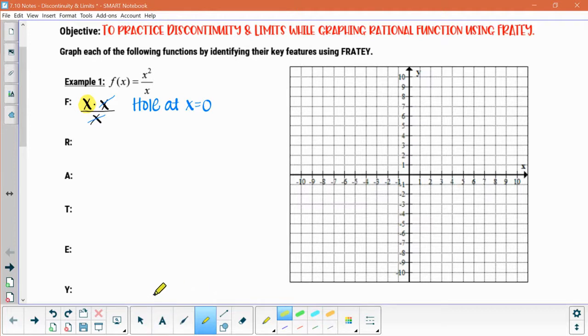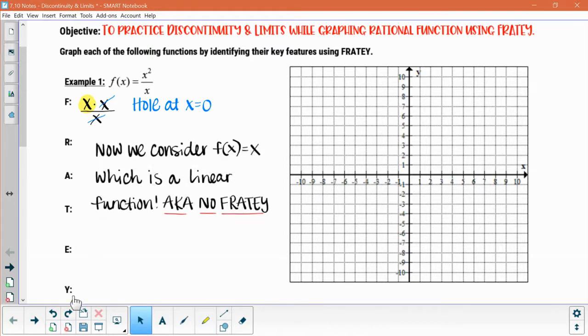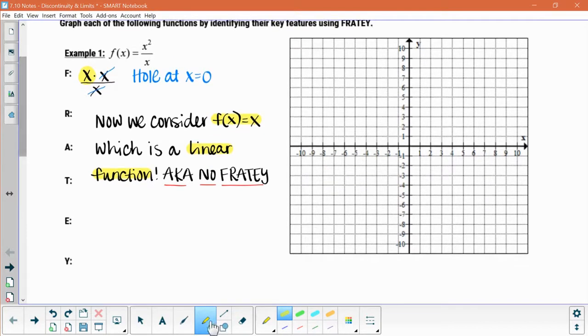Now, this creates an interesting problem for us because now I'm considering f of x is equal to x. And when I do that, it becomes a linear function, which means I'm no longer doing Frady. I no longer have a rational function to graph. So what you can do for this problem, and this problem only, is cancel out the rest of Frady. All we are dealing with is f of x equals x.